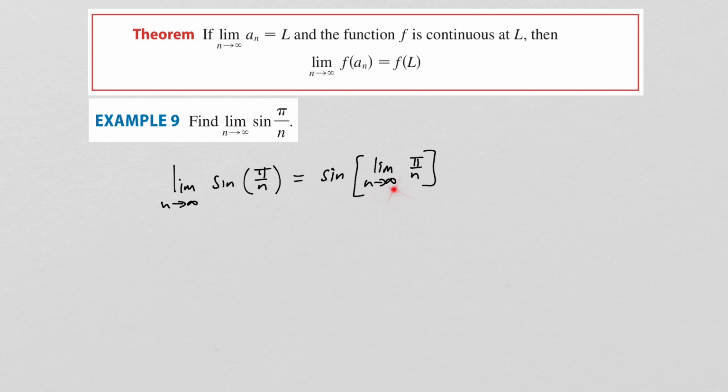And we know that this limit is 0 because, again, we have a constant pi on top, and n is getting larger and larger in the bottom. And a constant divided by a larger number is always going to be 0. And so we know that this limit is equal to 0. Therefore, the original limit is equal to the sine of 0, which is also 0.